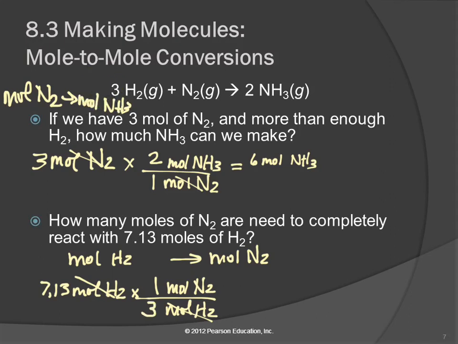So I'm going to put a 3 in here. And so we have 7.13 divided by 3. 7.13 divided by 3 equals, and the calculator is giving me all these digits, 2.37666, repeating, moles of nitrogen.